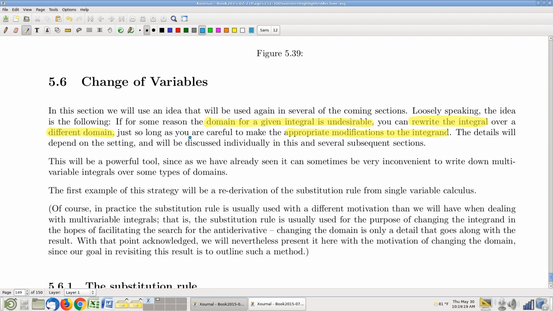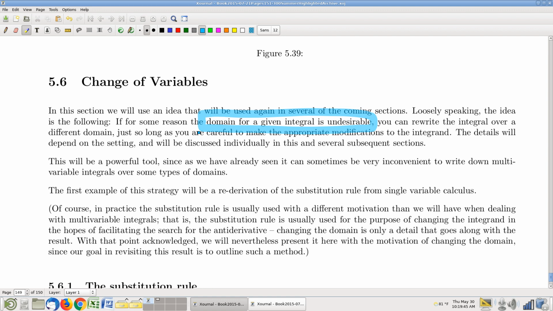So here's the big idea. Sometimes your domain stinks. Right? Sometimes you don't like your domain. Sometimes your domain has corners all over it or something. Or it's algebraically awkward and it makes your bounds have square roots and arctans and other undesirable stuff in the bounds.